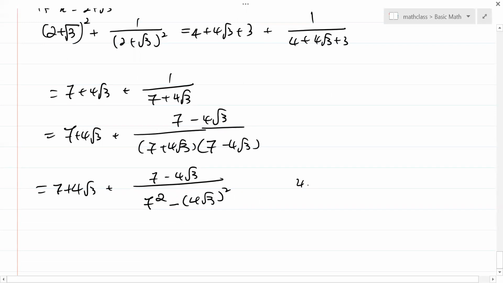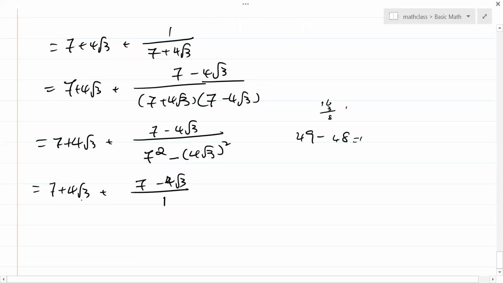7 squared is 49. 4 squared times 3 is 16 times 3, 48. Wow, that's just 1. So the denominator is just 1. It's a surprise. And then the 4 square root of 3 cancels out, and it's going to be 14.